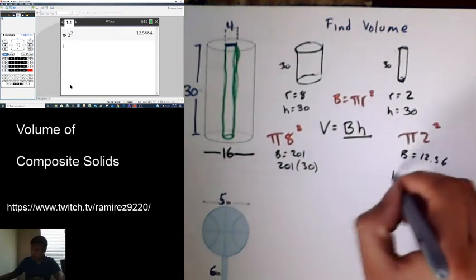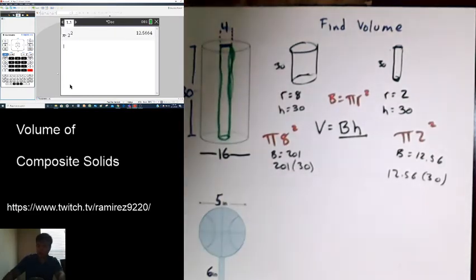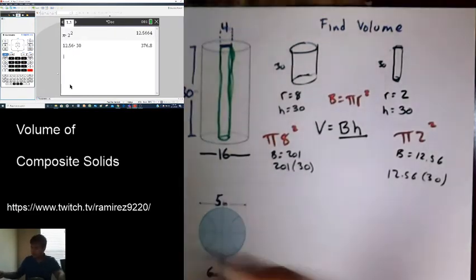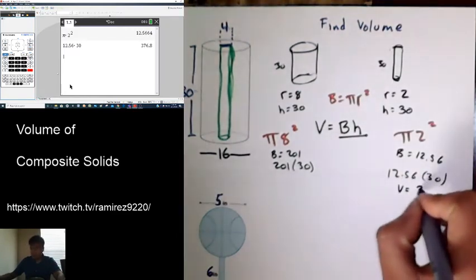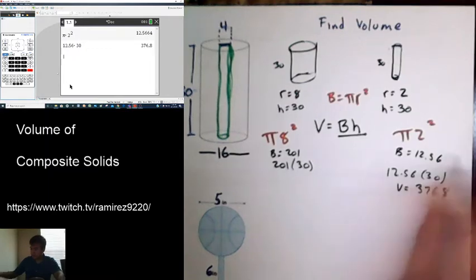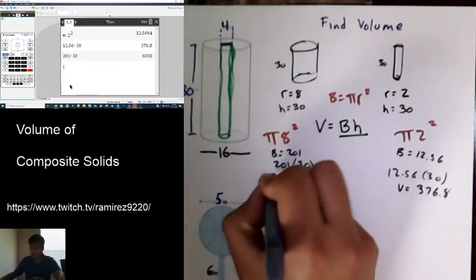The volume here is going to be 12.56 times 30. So the volume of the smaller one is 376.8. The volume of the big one is 6,030.